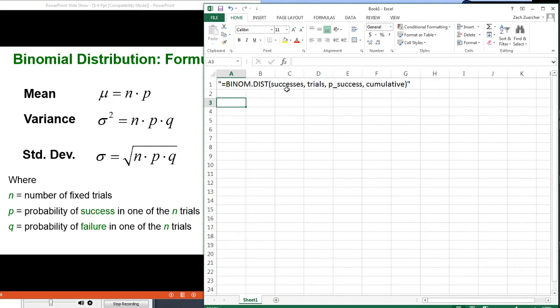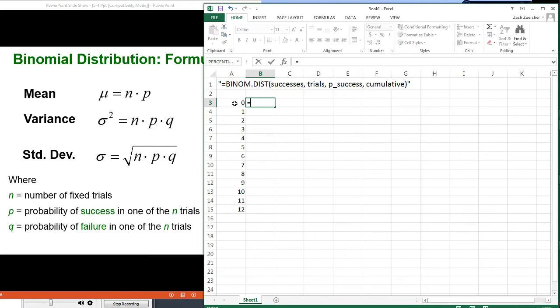N was 12, and so let me just look at the entire probability of events here. 0, 1, 2, 3, 4, 5, 6, 7, 8, 9, 10, 11, and 12. All right? Let's calculate the probability of each one of these cases.